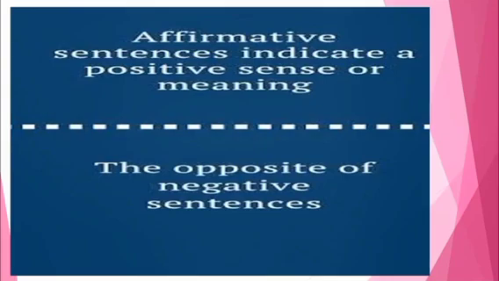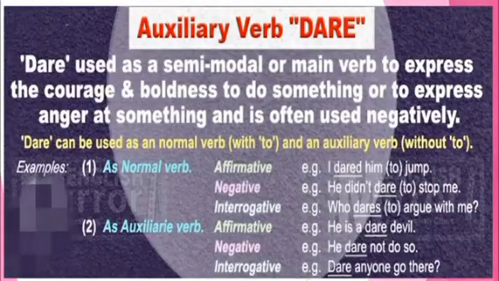Next, we are going to see modal auxiliary verb dare. Dare is used as a semi-modal or main verb to express the courage and boldness to do something or to express anger at something, and is often used negatively.